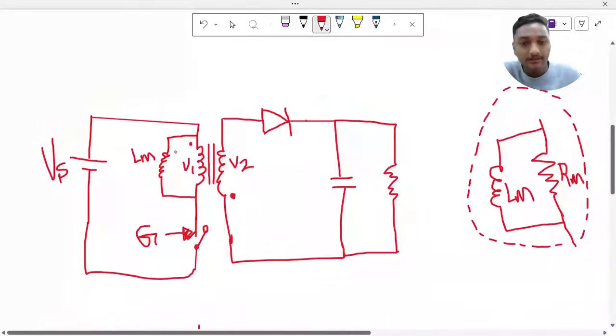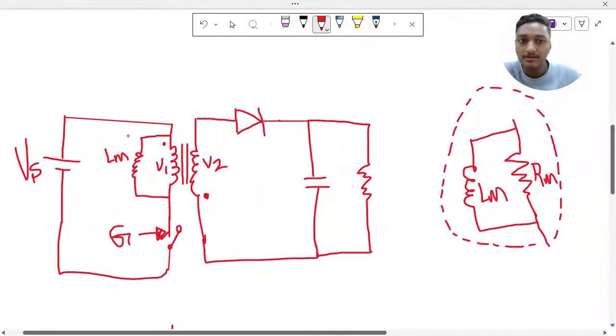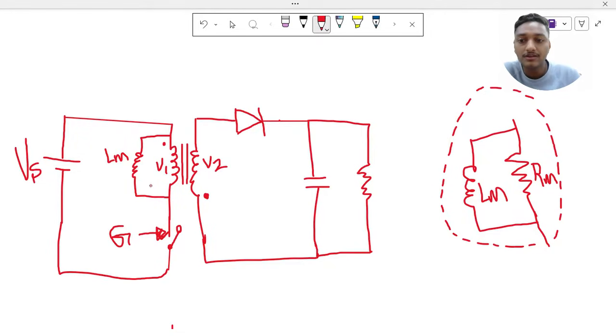Now the second thing you should know about the flyback converter is that we generally use the parameter Lm, the magnetizing inductance of the transformer. I hope you know the transformer basics. That is inside my transformer itself, but generally for understanding purposes we draw it outside.